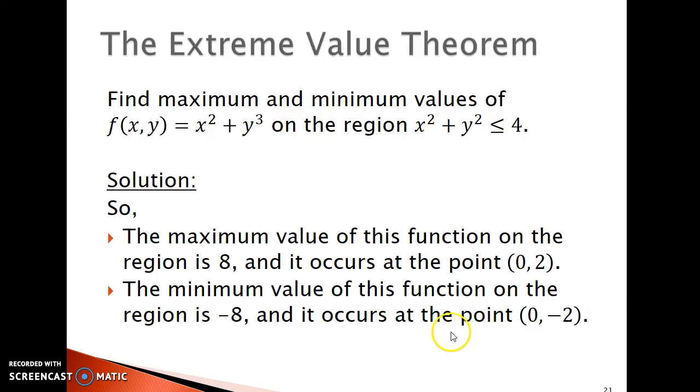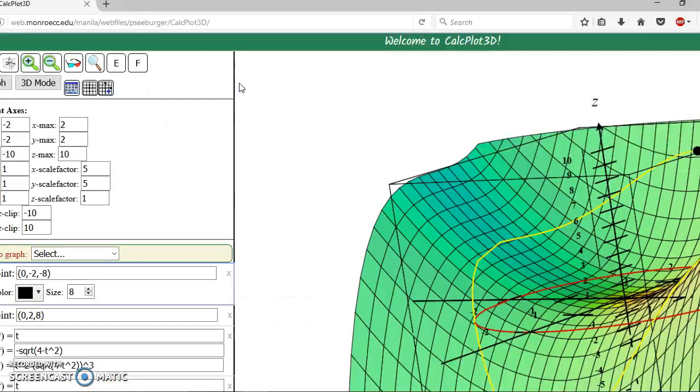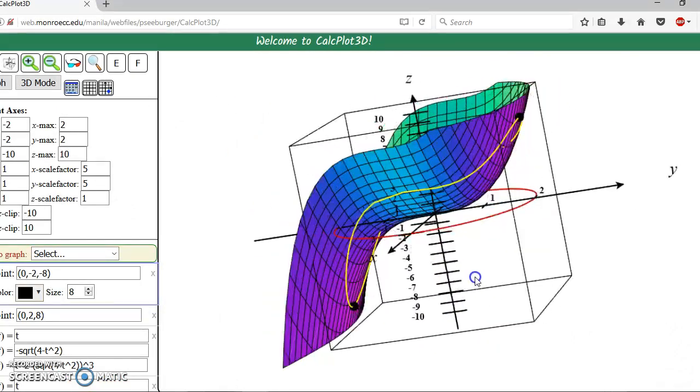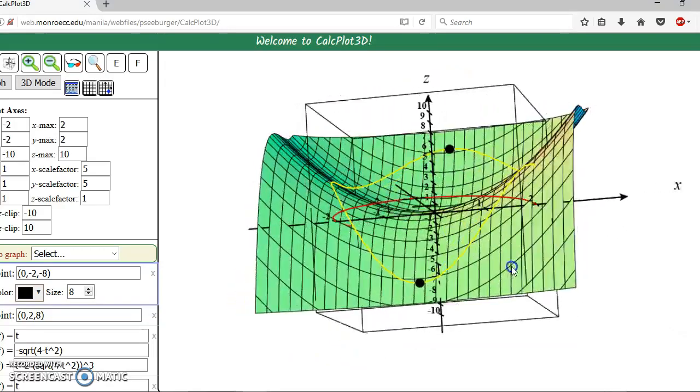I think it would be useful to also examine the graph of what's going on here so you can picture it better. Remember, we're looking for f of x, y. Where is it largest and where is it smallest over this circular region? So I have taken the liberty of already graphing x squared plus y cubed.